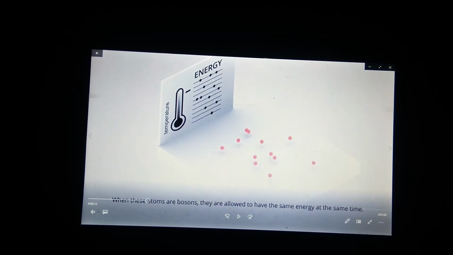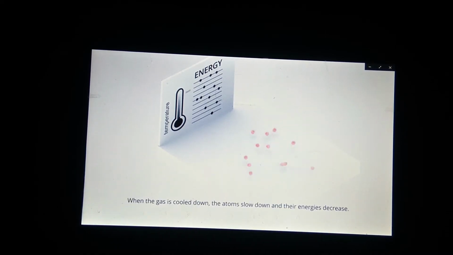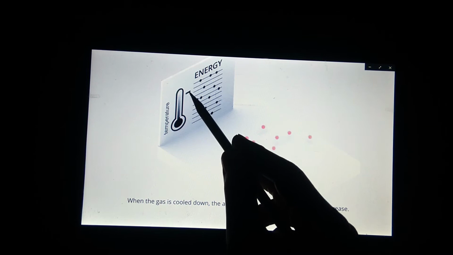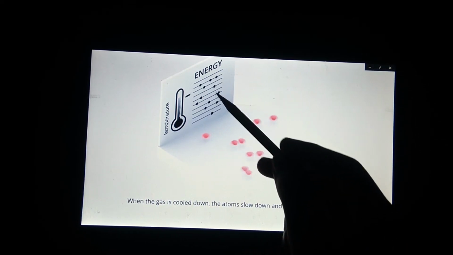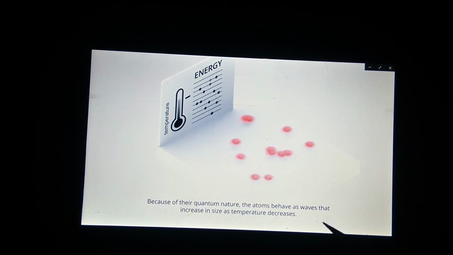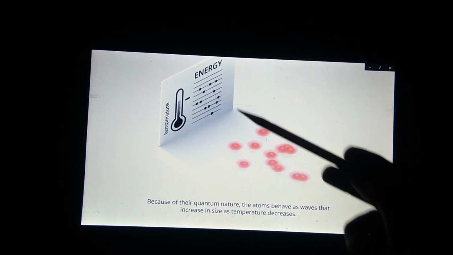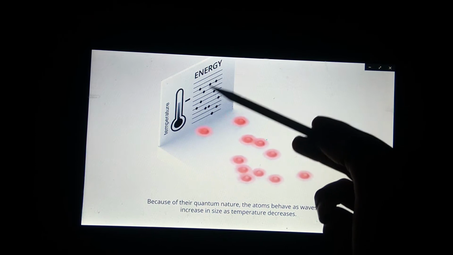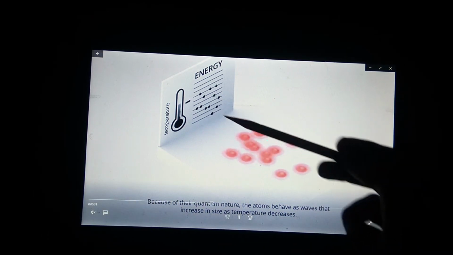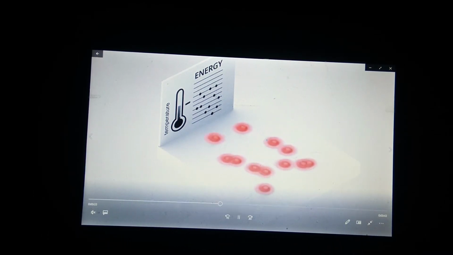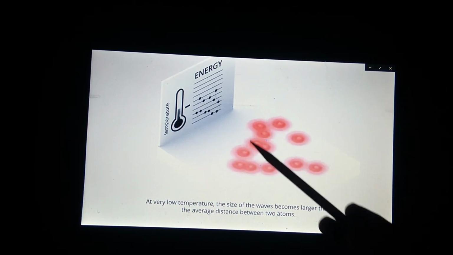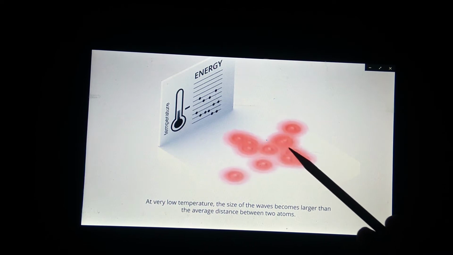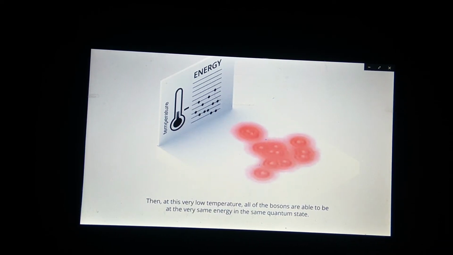Let's see what happens when we decrease the temperature. You can see that the bosons are jumping down toward the lower states. Their motion is freezing out, their randomness is decreasing, and we can say their entropy is decreasing.